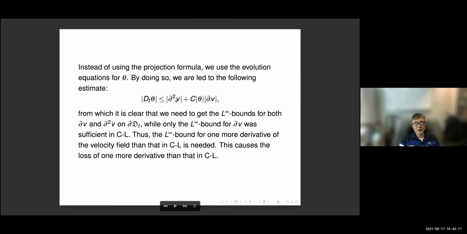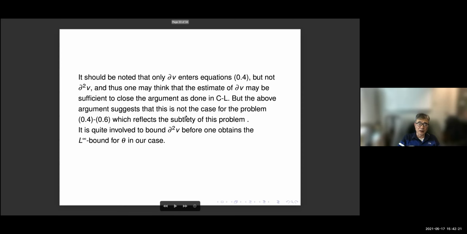Therefore, to estimate the L infinity bound of this second derivative of the velocity field is quite involved. This is another point I want to make.